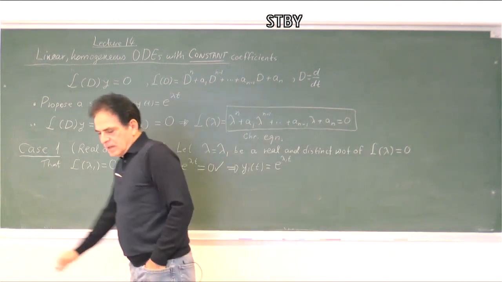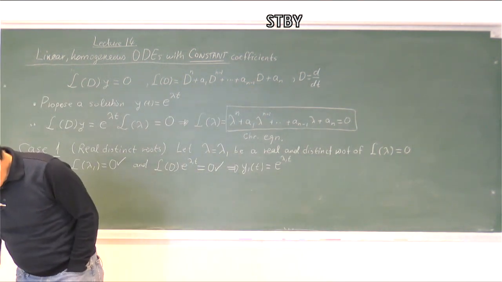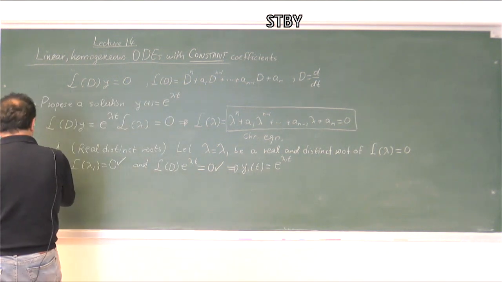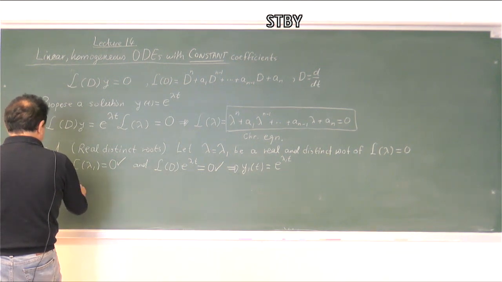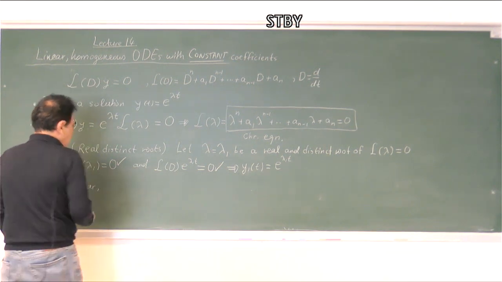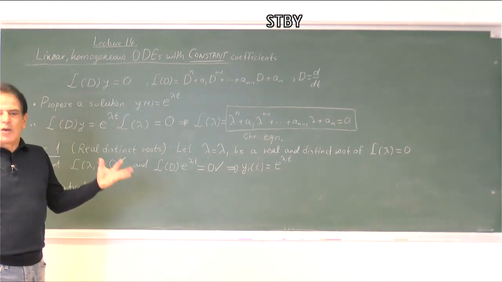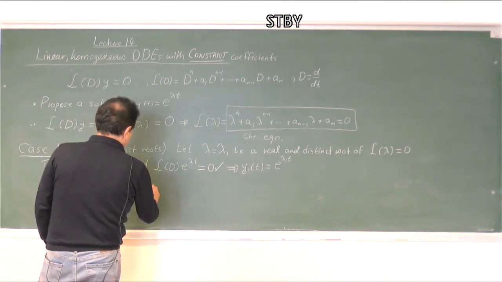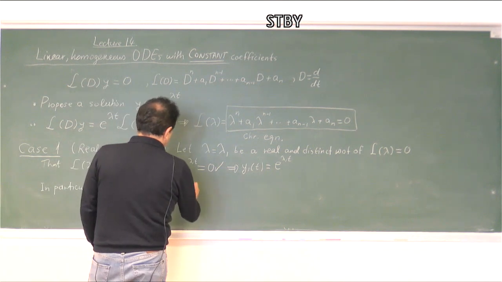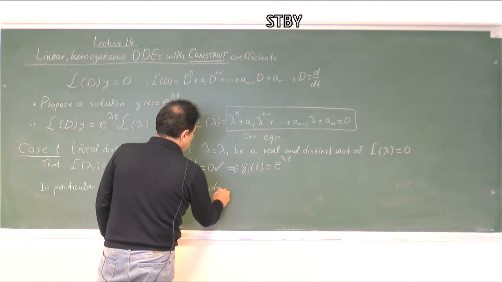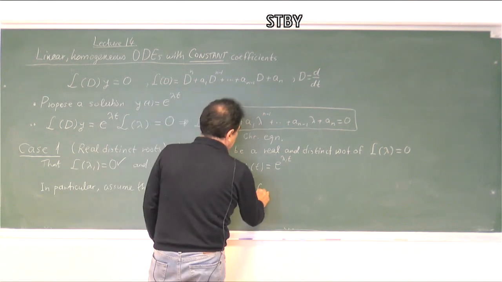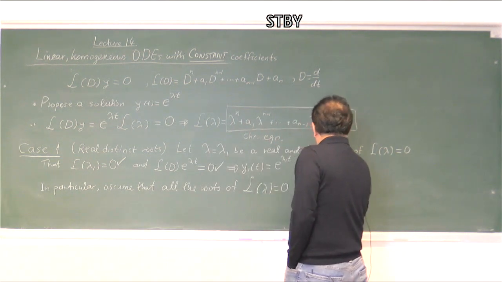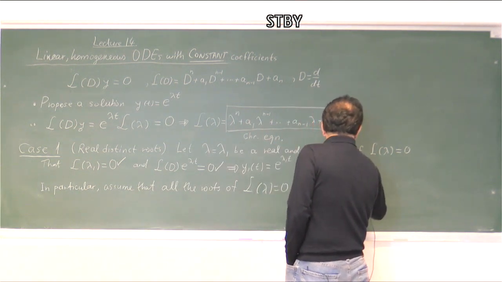Now look, in particular, assume that all n roots of L(lambda) equal to 0 are real and distinct.